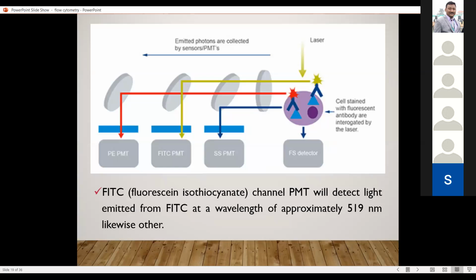When this antibody molecule reflects light at 519 nanometers, the other filters will not be able to reflect this. Only the last filter present in this figure is able to reflect this. So when it is reflected, it goes directly to a detector, then to a computer, and then these cells are separated on the basis of FITC tag molecules. So on the basis of these filters and detectors, we can separate the cells according to the desired characteristics we need.